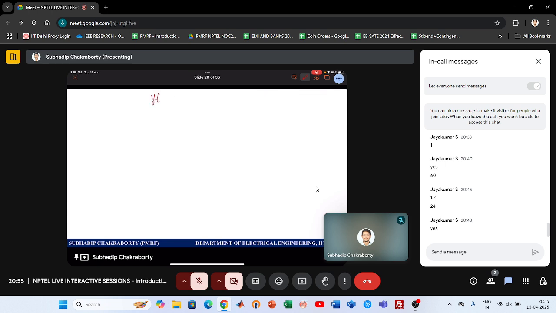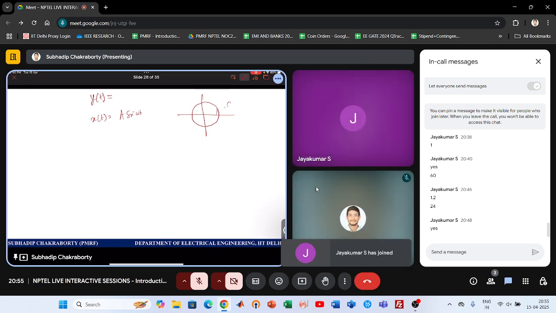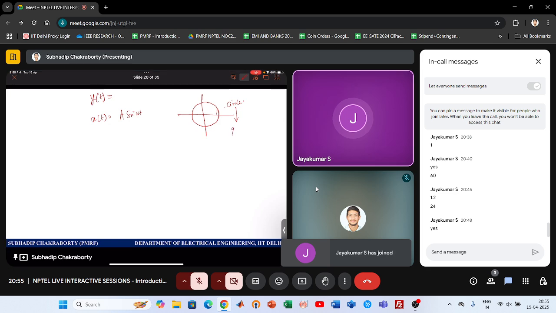So let's say Y and X are two signals and X is A sine omega t, we give it. And then in the XY plot, if we find a circle, then what does it imply? 90-degree phase shift and same frequency. Then Y will be A cos omega t, because 90-degree phase shift, right?